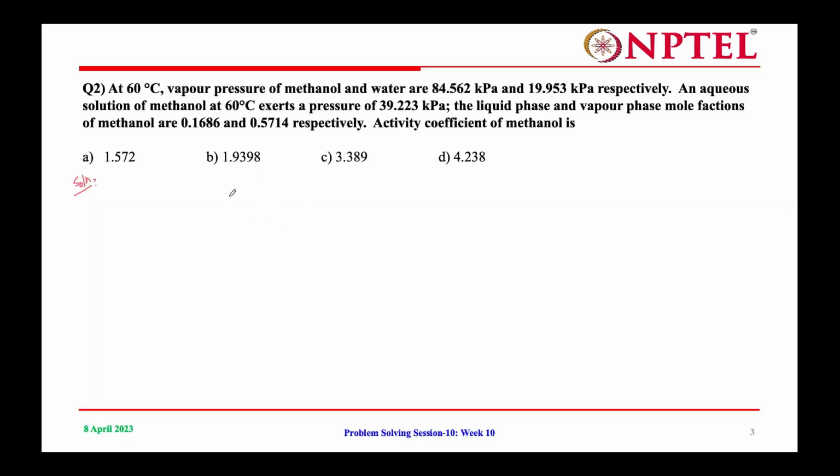So we know the VLE relation between the ideal vapor mixture and the non-ideal liquid solution: y_i P = x_i gamma_i P_i sat. Here methanol is 1 and water is 2.